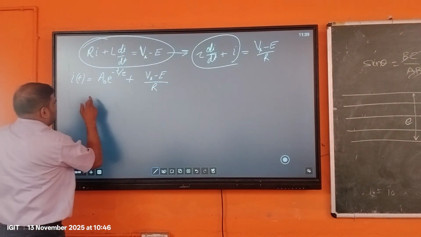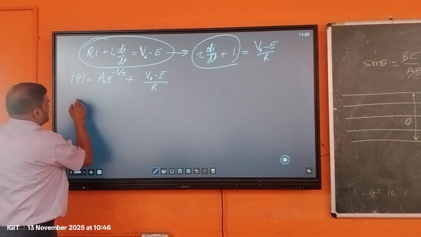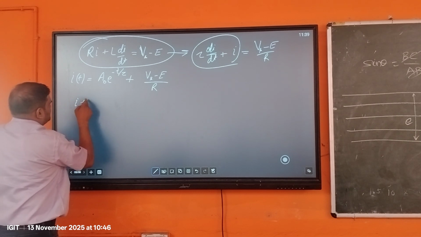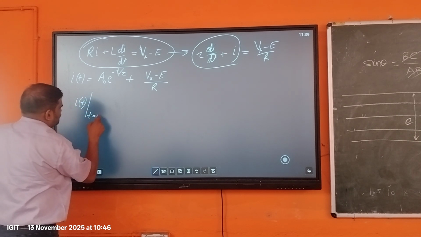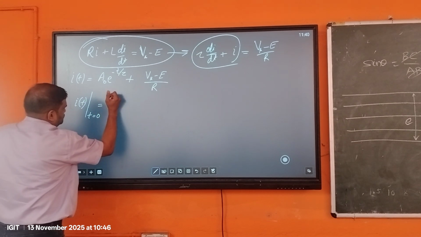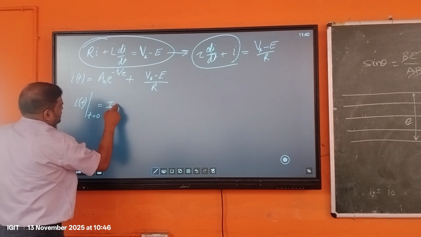Fine. So how do we find this A0 value? I of t at t equals 0 is obviously not 0. We have assumed it as I1.